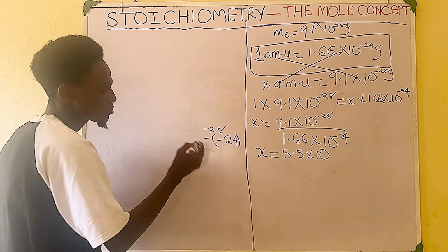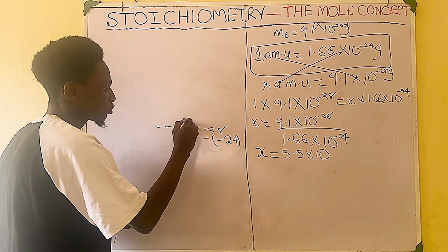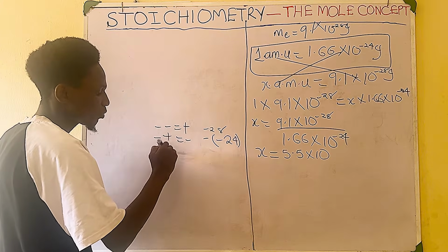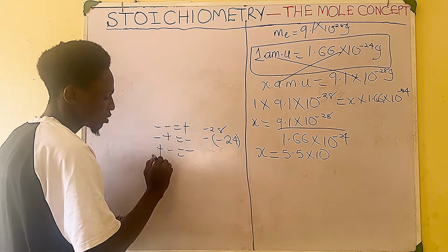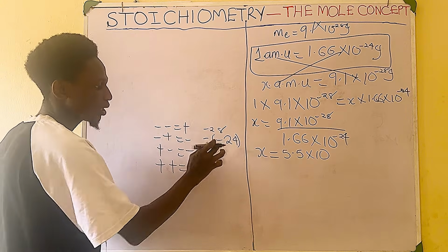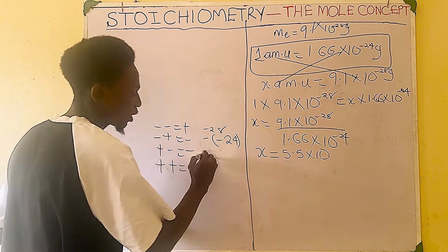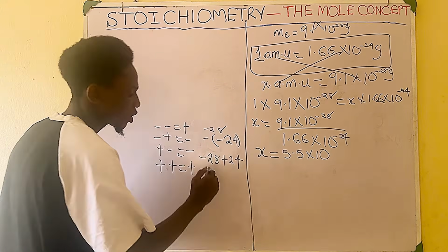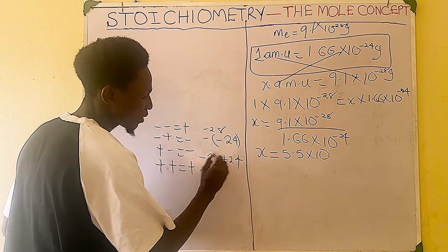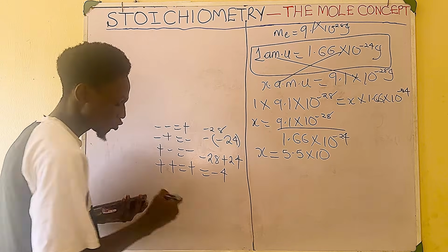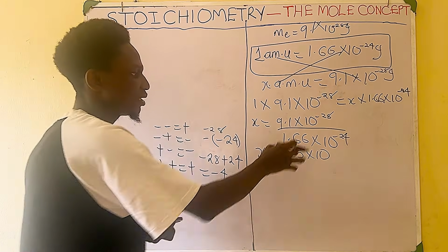And according to mathematics, when you have minus minus, it gives you plus. When you have minus plus, it gives you minus. When you have plus minus, it gives you minus. Then when you have plus plus, it gives you plus. So since I have minus minus, it gives me plus. Minus 28 plus 24. Now 28 is greater than 24, so minus 28 plus 24 gives me minus 4.